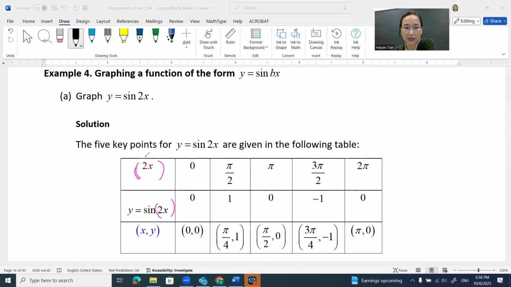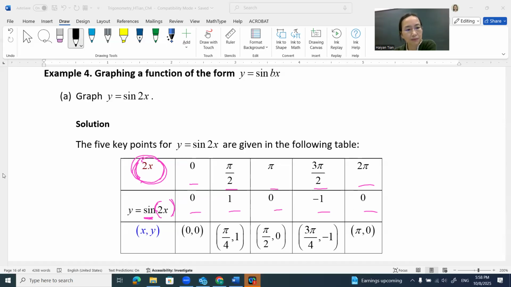You can call it t, for example. So using our same 5 key points, when 2x is 0, half of pi, pi, 3 pi over 2, 2 pi, the function values will be 0, 1, 0, negative 1, 0.